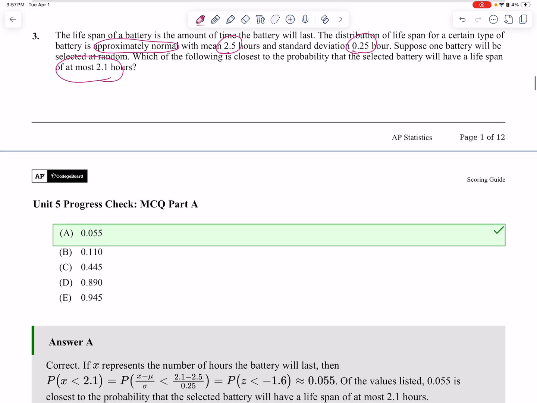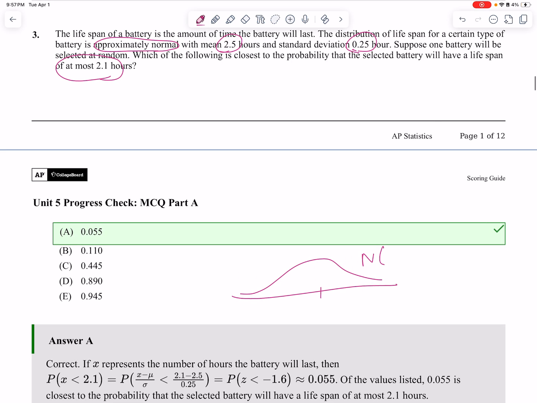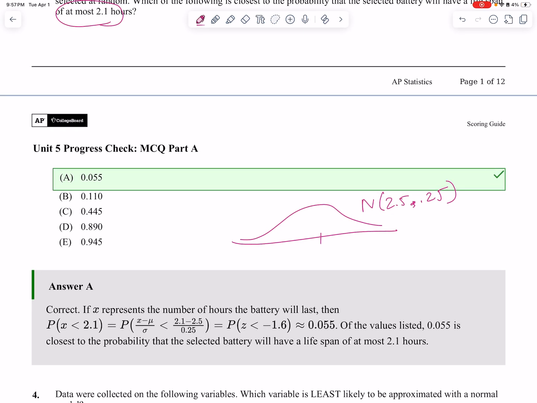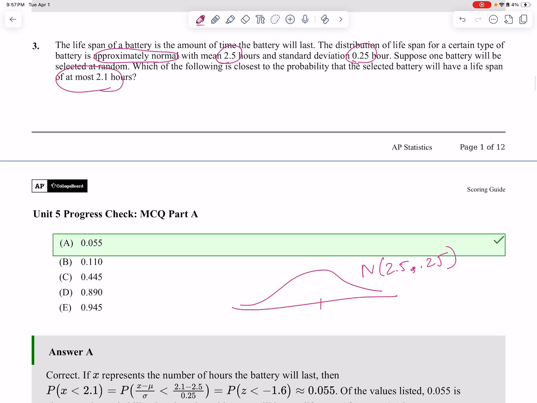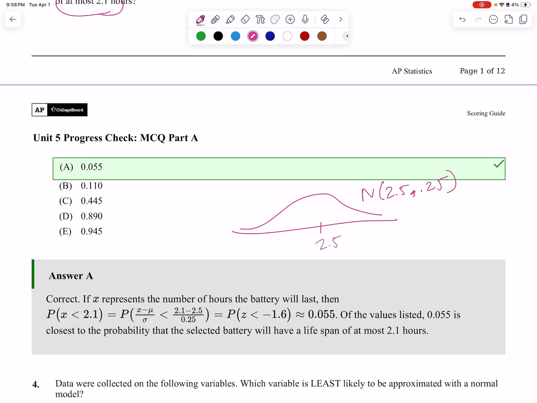So this is what you have. You've got a normal model, mean of 2.5, standard deviation of 0.25, and it says 2.1, and this is what it's looking for.